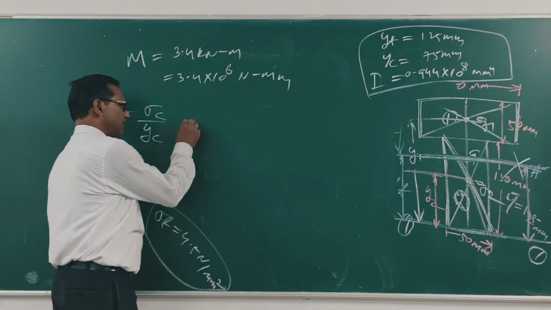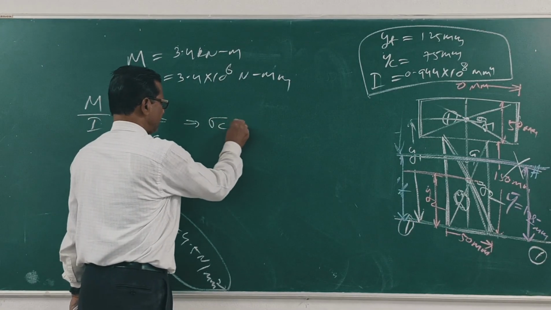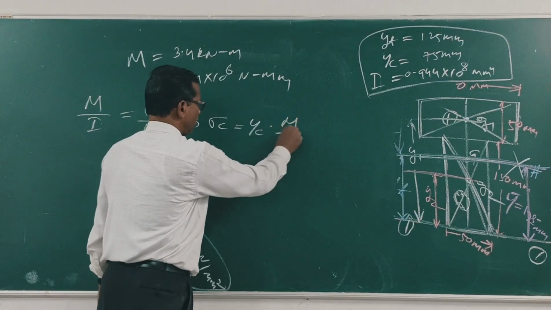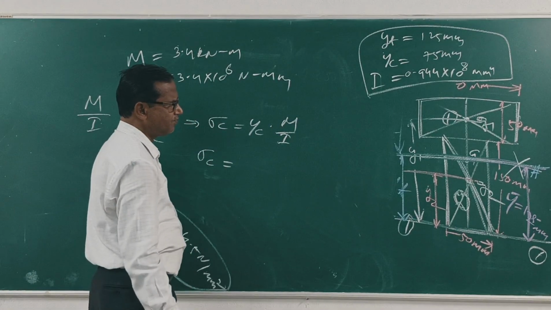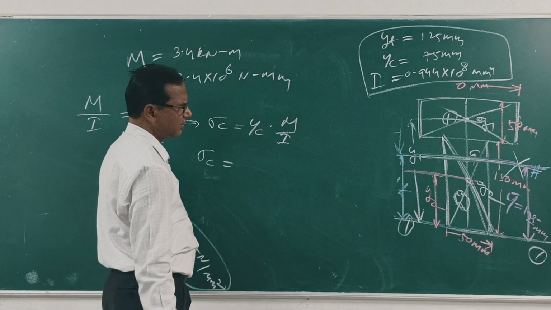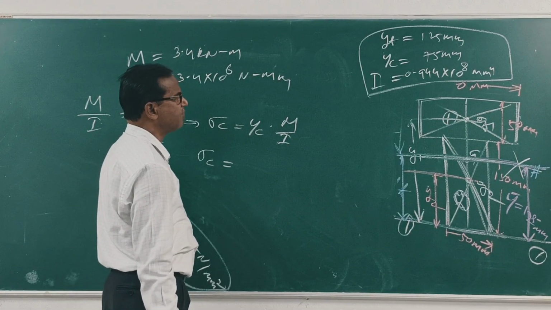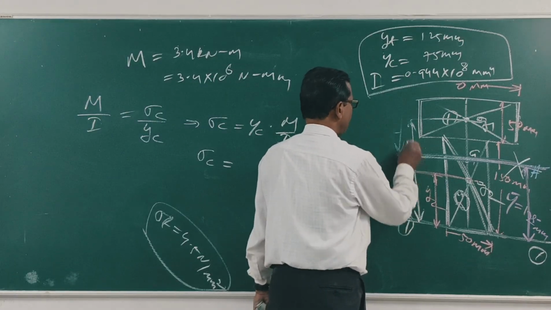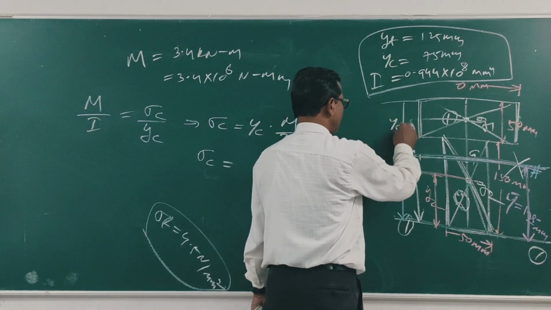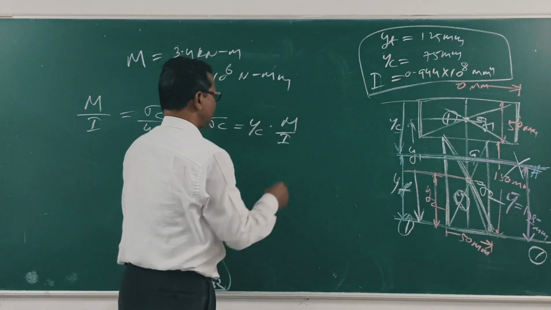Then this implies sigma C is equal to yc into M by I. What is yc? Yc is on the compression side. This yc. The yt, yc. What is yc?